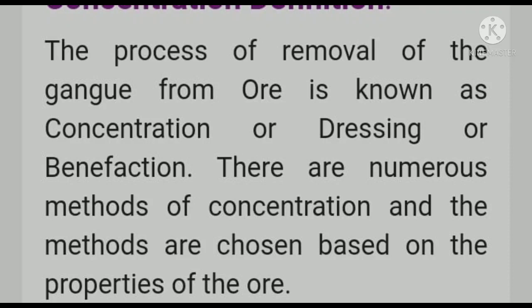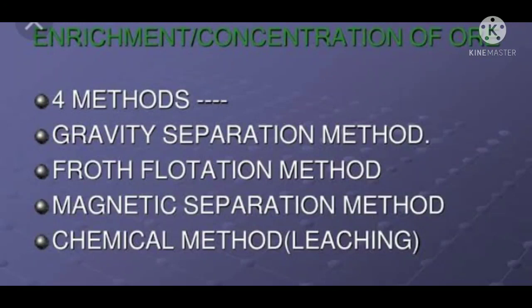We have so many methods to remove the earthy impurities or gangue from the ore, and the proper method is chosen based on the properties of the ore. In our syllabus, we are going to see the 4 important methods used for the concentration of ore.